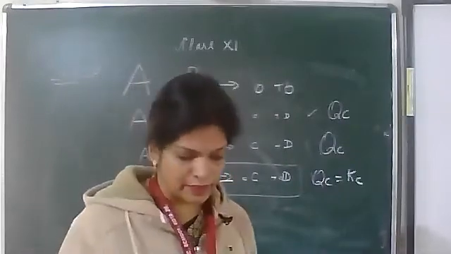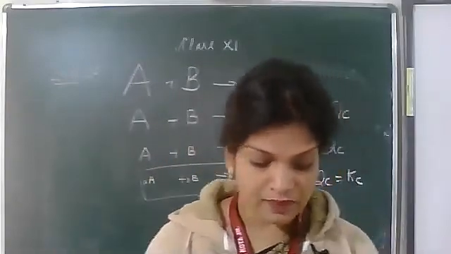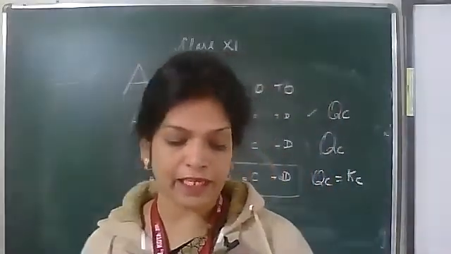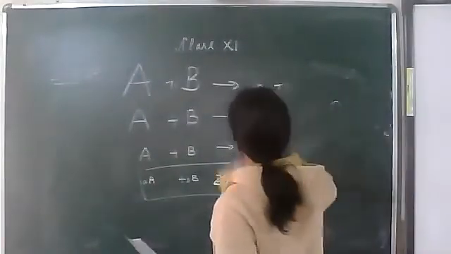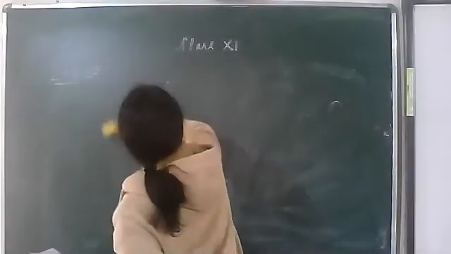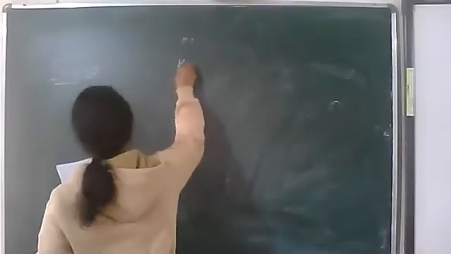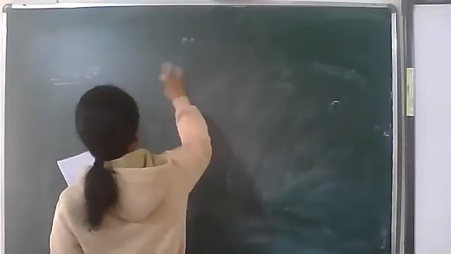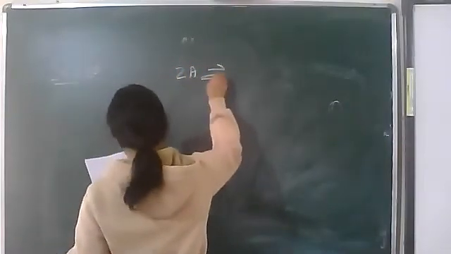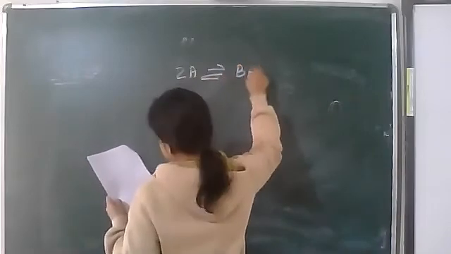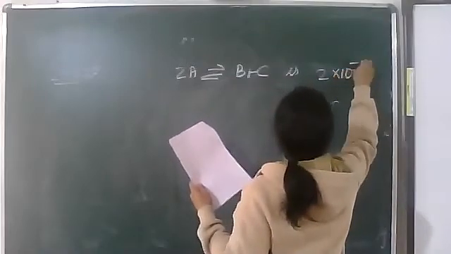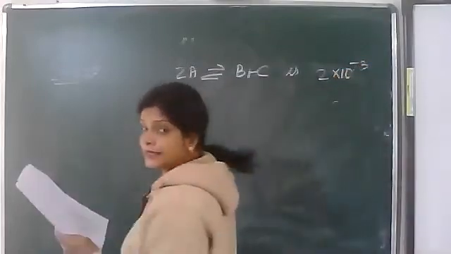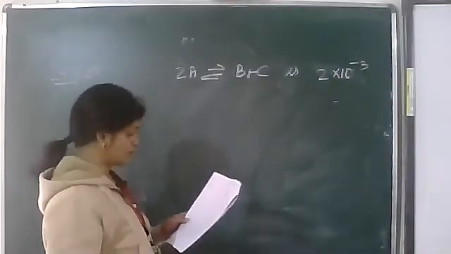So you write one numerical for that. The value of Kc for the reaction 2A equilibrium B plus C is 2 into 10 to the power minus 3. Right?